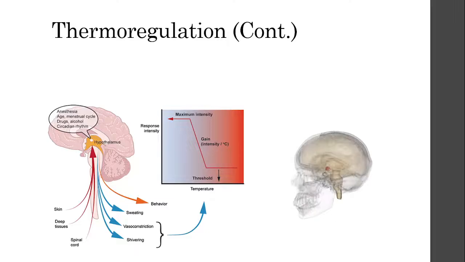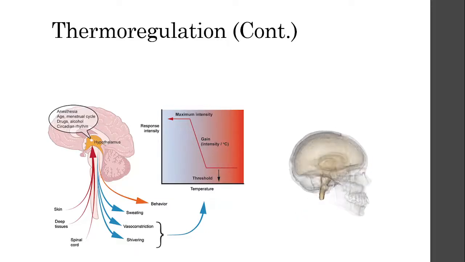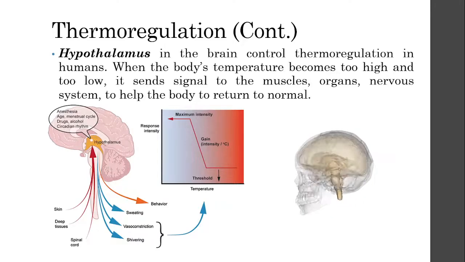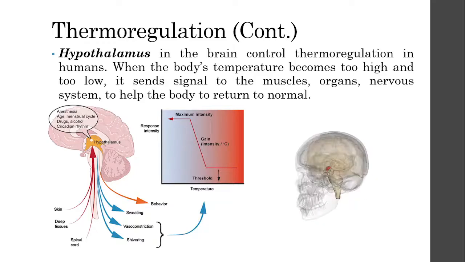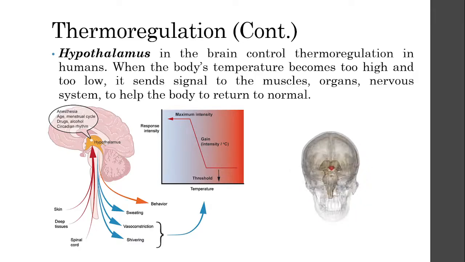And lastly, there's thermoregulation, more specifically sa humans, is very, very complex. And it is actually regulated via a part of the brain called the hypothalamus.